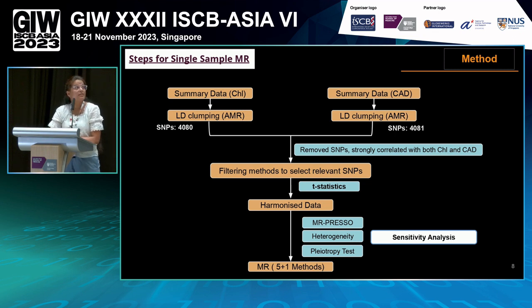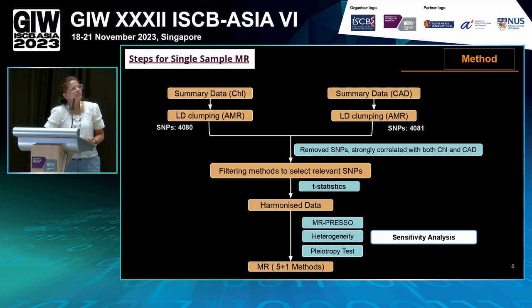So this is the pipeline we have prepared so far. After preparing summary statistics data for both cholesterol and CAD, we do the LD, linkage disequilibrium, to check if there are any proxy SNPs with respect to that superpopulation. After doing the LD, we perform the feature selection method.